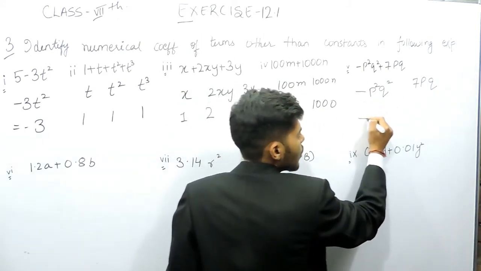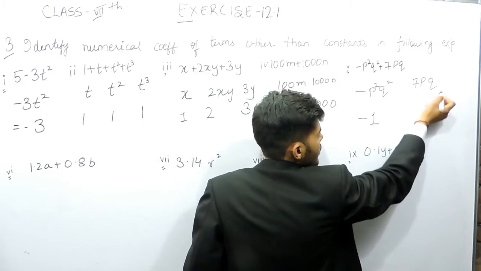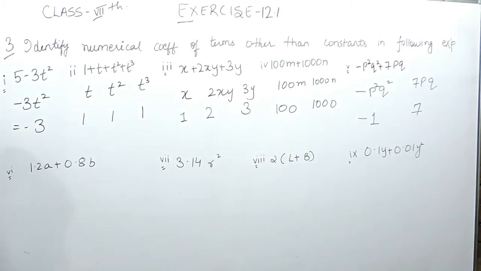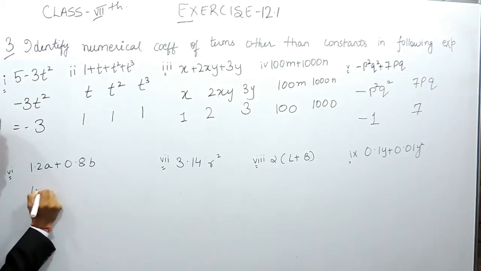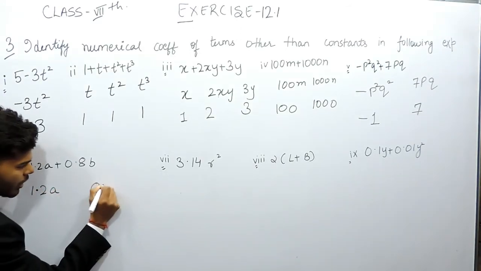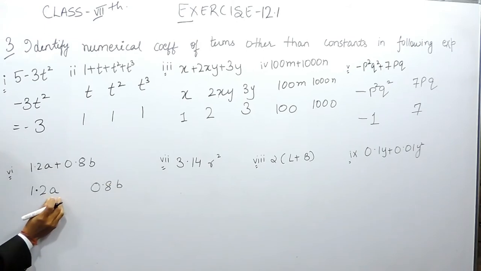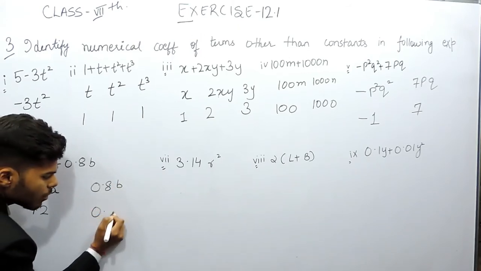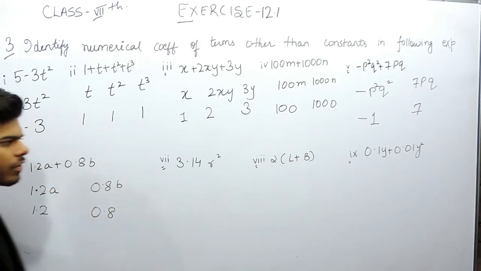So minus 1 is the coefficient of it and here pq is a variable quantity, so 7 is the coefficient of it. Part 6. There are two variable quantities, 1.2a and 0.8b. This is a variable quantity, means 1.2 is the coefficient of it and this is the variable quantity, that means 0.8 is the coefficient of it.